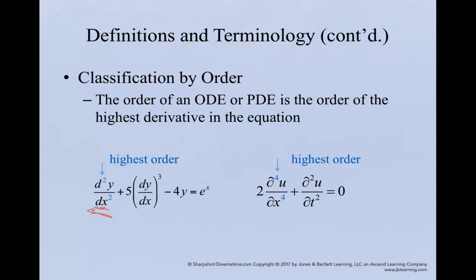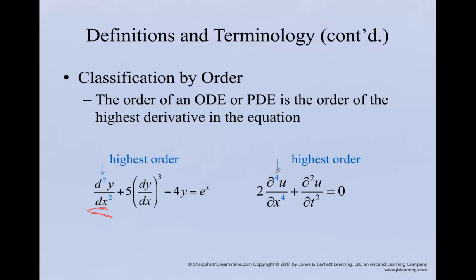So this equation on the left is a second order differential equation, and it's ordinary because of the notation. Over here on the right, we have u, which is our dependent variable. It's a function clearly of both x and t, so this is a partial differential equation.